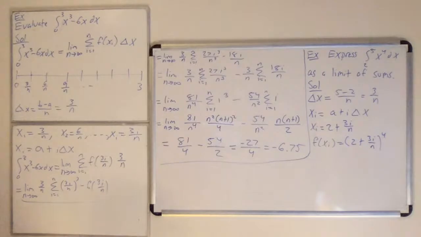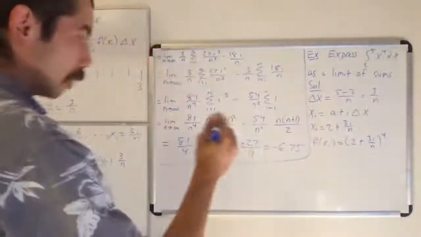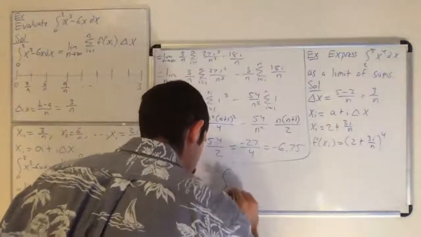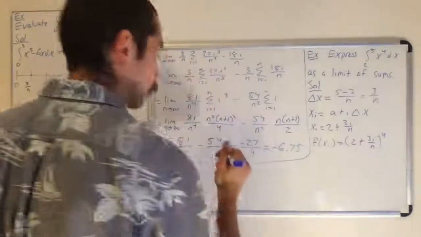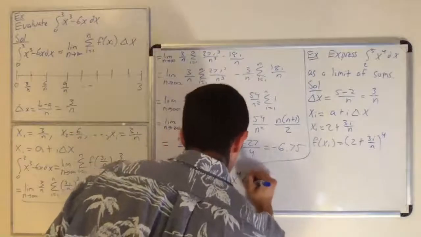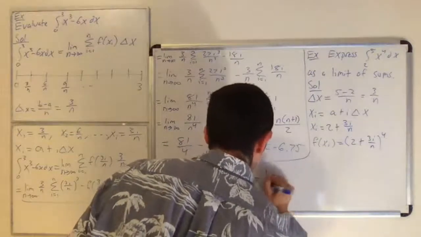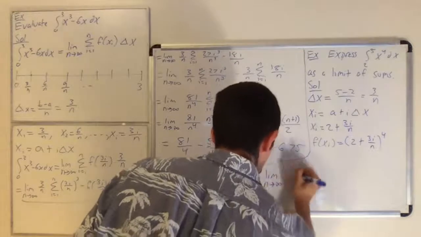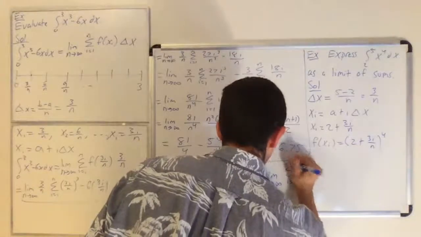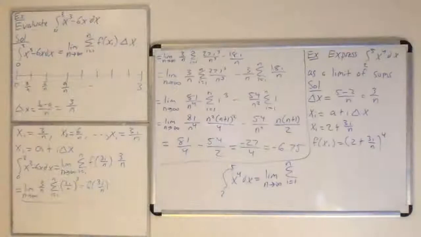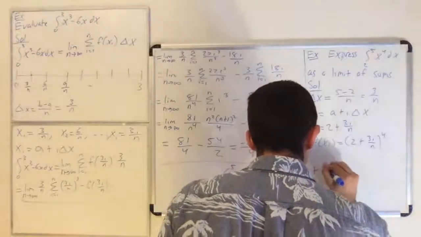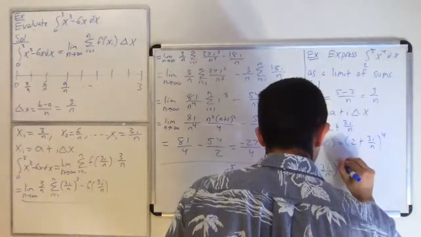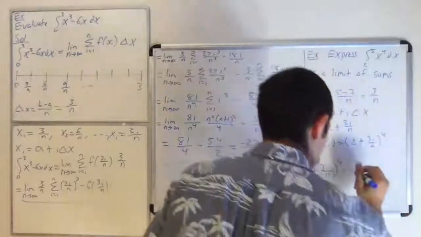Okay, and now we're done. So we know that the integral from 2 to 5 of x to the fourth dx is equal to the limit as n goes to infinity of the sum from i equals 1 to n of 2 plus 3i over n raised to the fourth times delta x.